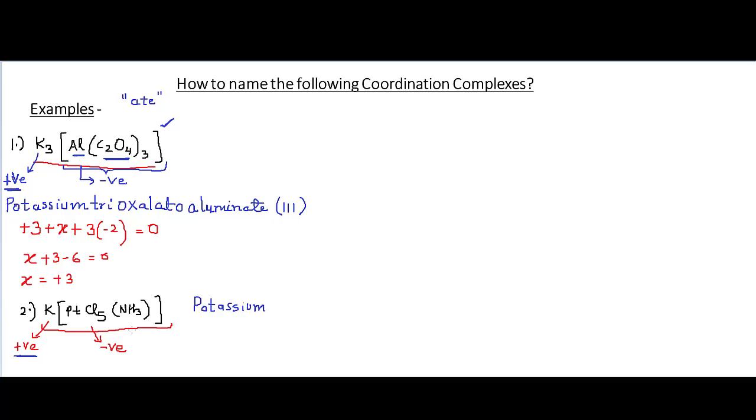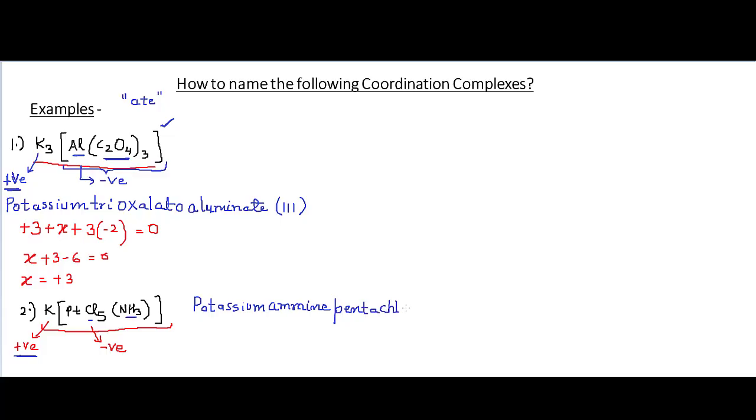After that, we move on to the negative coordination sphere, and within it we write the names of the ligands first, in alphabetical order. We have 5 chloride ligands, so chloro, and we have the ammonia ligand, so ammine. Ammine will be written first, followed by chloro. So potassium, then ammine, double m, then how many chloride ions as ligands? 5, so it will become pentachloro.